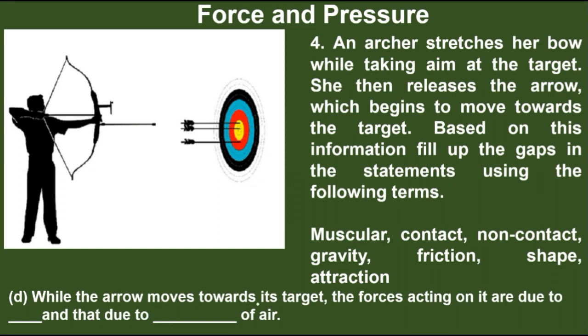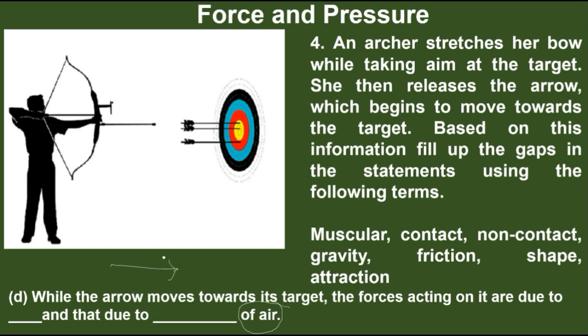The next one, D. While the arrow is moving towards the target, the forces acting on it are due to dash and that due to dash of air. Arrow is moving forward.